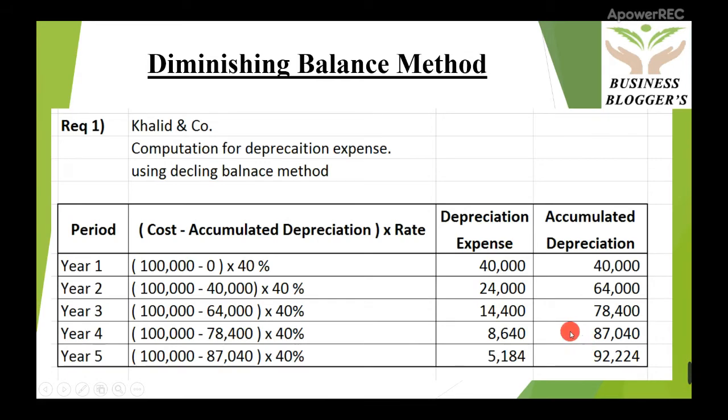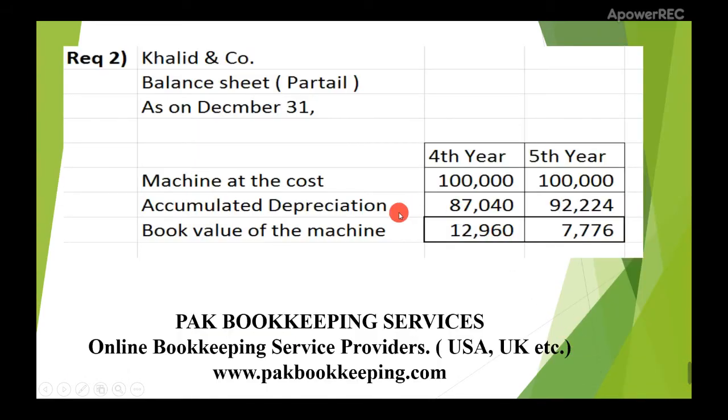If we deduct our accumulated depreciation from our machine cost, the result is the book value of the machine: fourth year 12,960 and fifth year 7,776 rupees. This is not dollar currency, this is rupees currency, right?